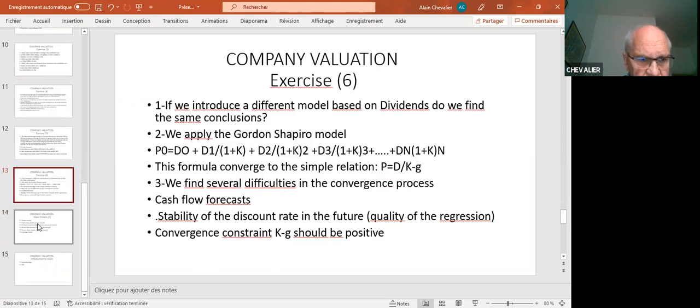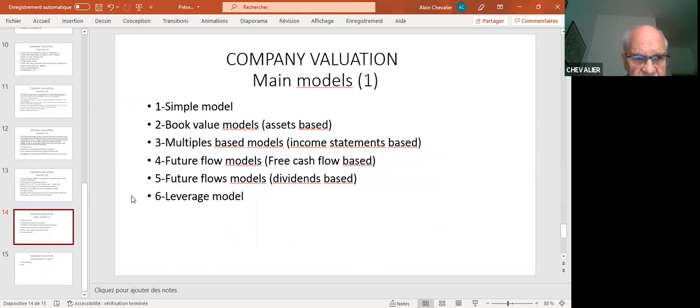Now, if you move to slide number 14, if you summarize what we have said up to now in terms of models, even though we didn't introduce the details of some of them, I already wrote the names of these models.